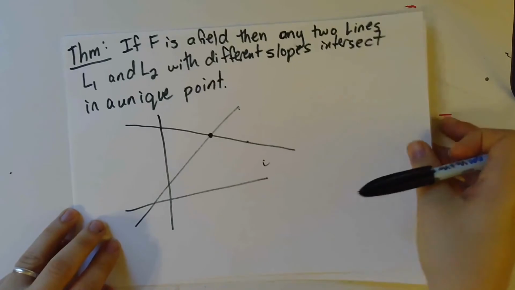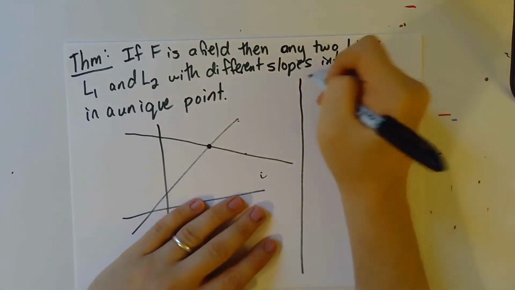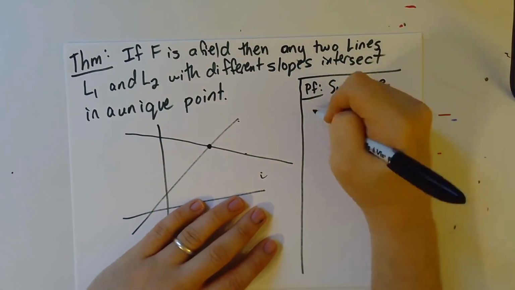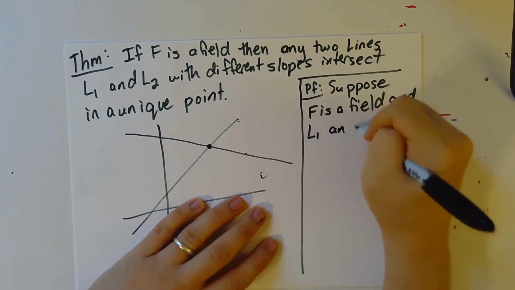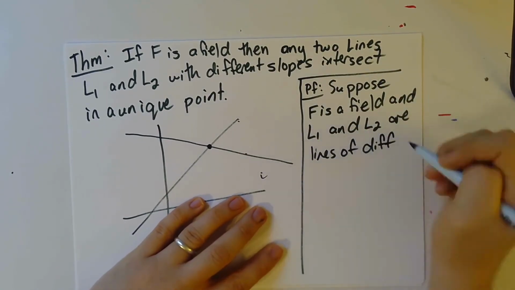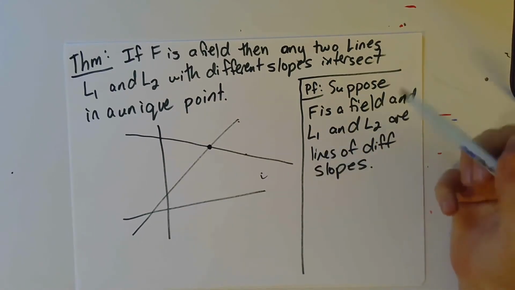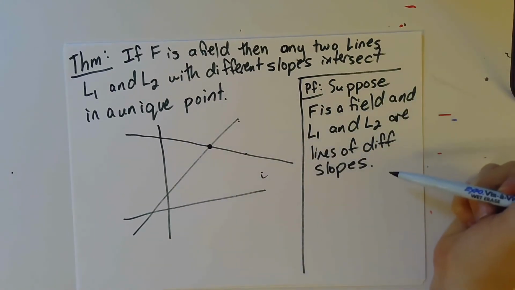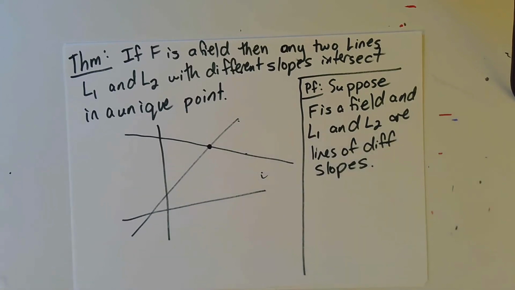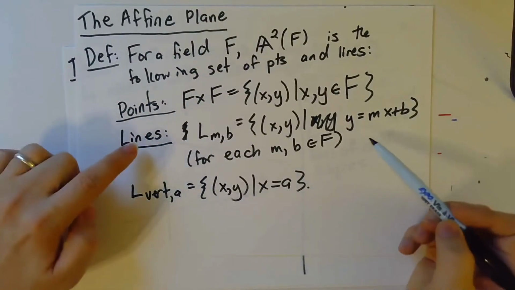So why does this work if I have a field? Let's suppose F is a field, and that we have two lines of different slopes. So we have a few cases to consider. Namely, when I say the same slope, I'm including the possibility that both of these lines are vertical. But remember that our official definition of what it means to be vertical is different than for any other line.